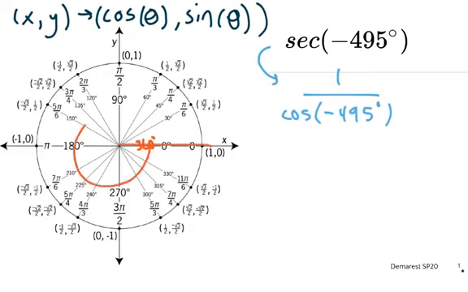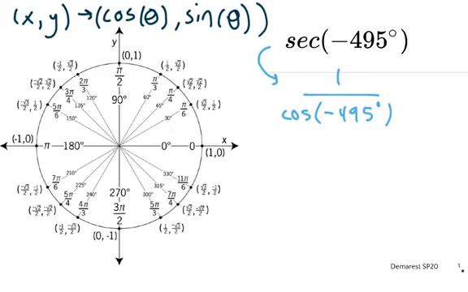We go around negative 360, then we go 90 more, and that puts us here at negative 450, and then we go negative 35 more. So we can see that the terminal side of negative 495 shares a terminal side with positive 225. So that's one way we can do it.